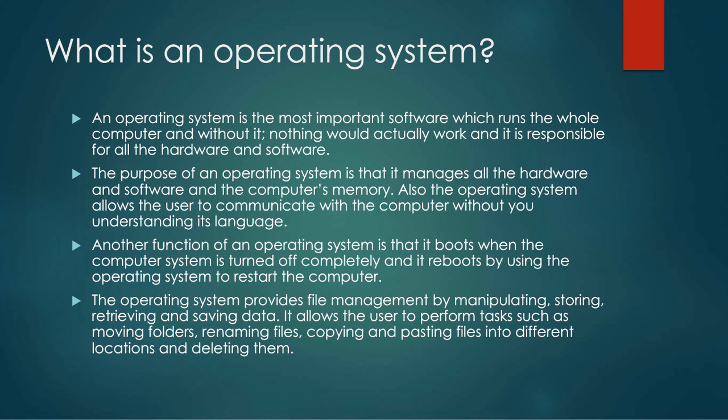Another function of an operating system is that it boots when the computer system is turned off completely, and it reboots by using the operating system to restart the computer. I know sometimes people complain about operating systems always turning off and rebooting. Sometimes the system needs to update or calibrate so it could be faster.